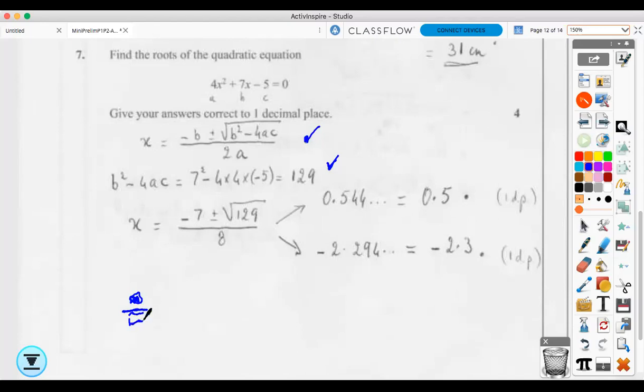Use it and type -7 plus root 129. Push down with your arrow, 8, and equals, and let me know if you get 0.544. Because we were asked to give our answer to 1 decimal place, you round it to 0.5, that would be 1 mark. Do the same, -7 minus root 129, divide by 8. A negative minus another number is negative, so the answer's got to be negative.